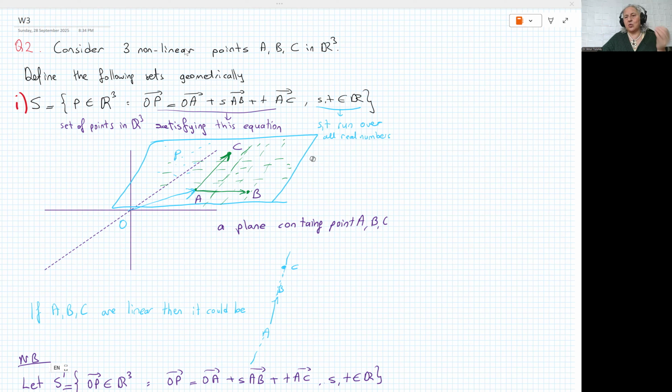Non-collinearity here is an important part. If A, B, C are collinear, on a line, then you will not be able to obtain a plane. If we have three non-collinear points, then we will have this kind of vectors. It could be any angle between them, it doesn't matter, but they are not collapsed together. They are not collapsed in the directional way.